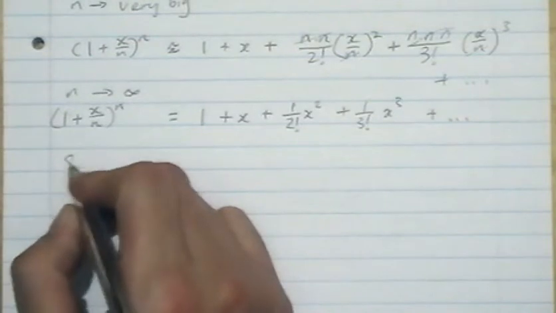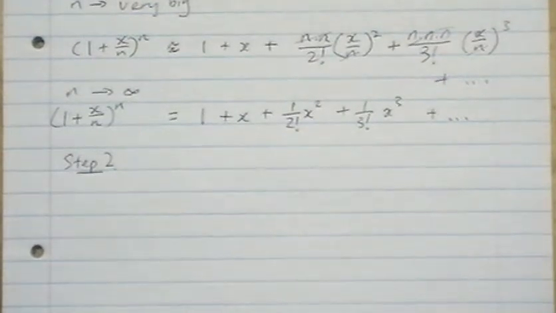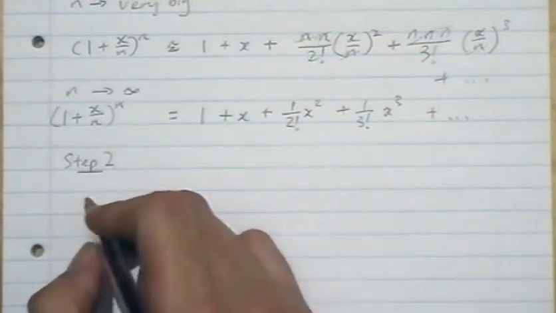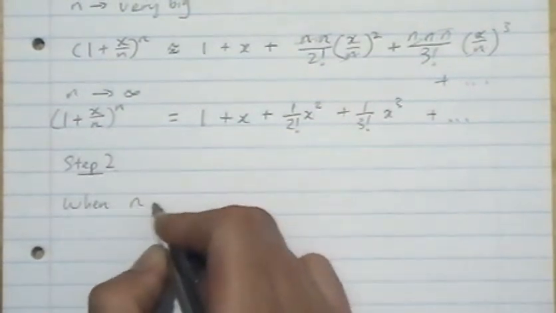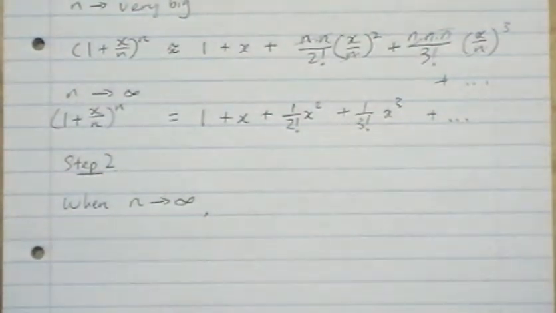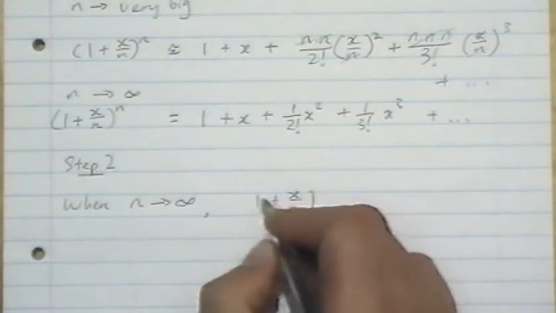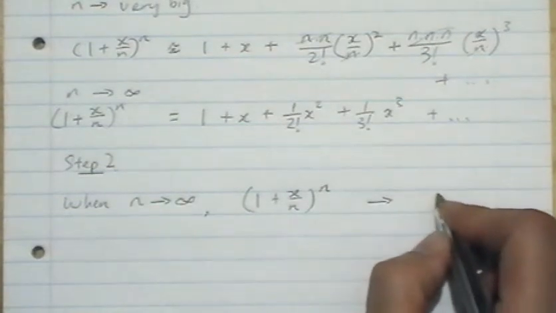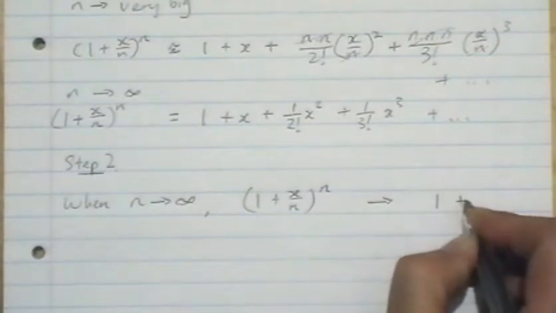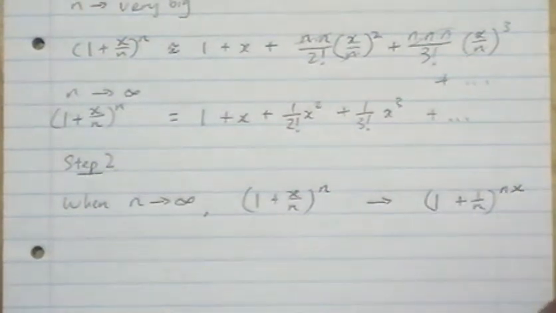Let me now go on to step 2. In step 2, I want to show that when n goes to infinity, this expression 1 plus x over n to the power of n becomes equal to 1 plus 1 over n to the power of nx.